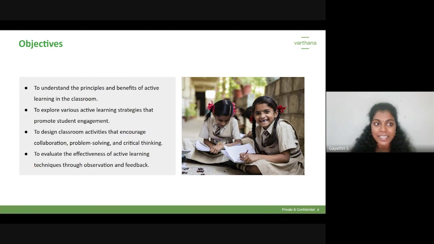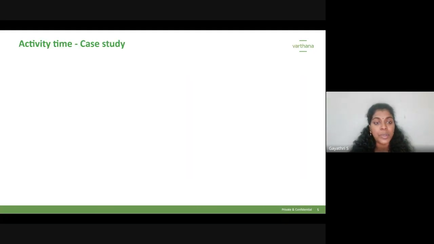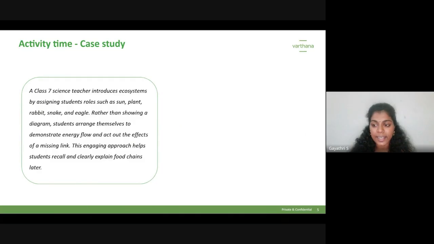So let's get started. The first thing we'll be doing is a case study. Here you have to imagine yourself as a class 7 science teacher. Just close your eyes and imagine that in your classroom today you want to talk about ecosystem. So you are assigning certain roles to students.